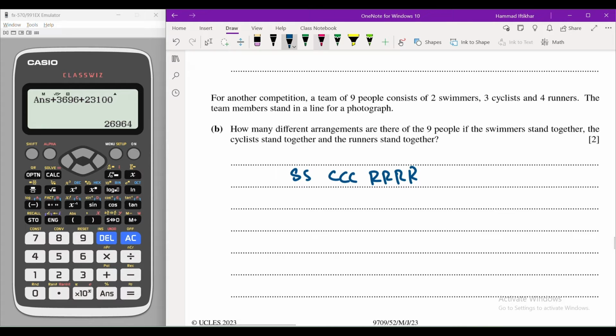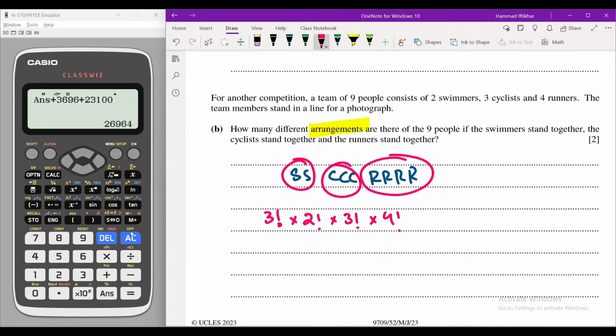Right, so this means that we have 3 units of these groups, 3 factorial, and internally there will be permutations also, because we're talking about the arrangements. So times 2 factorial times 3 factorial times 4 factorial.